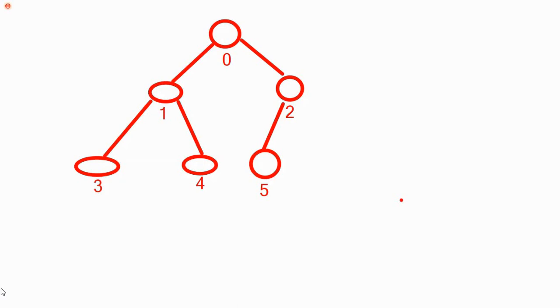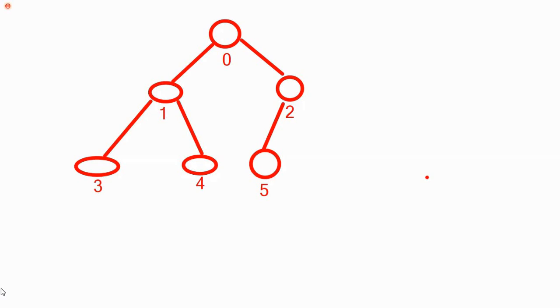Okay. So a binary tree is a tree in which each node has a maximum of 2 child nodes. If more than 2 child nodes are there, it is not a binary tree. Without missing nodes, it is a complete binary tree.